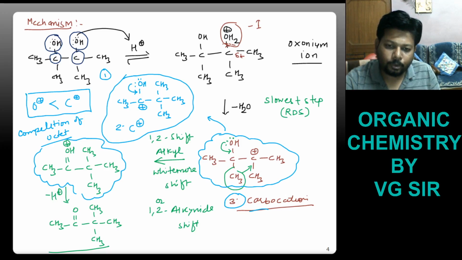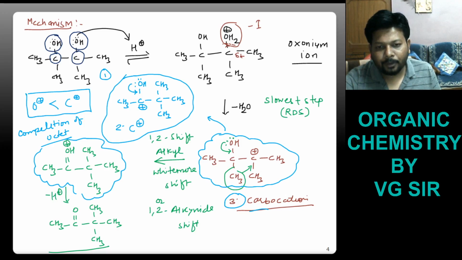And there is one more driving force. In this structure, all the atoms have a complete octet, and it can neutralize its positive charge by easily donating a proton. So by easy donation of a proton, the oxonium ion will easily get converted into a neutral species. So there are two driving forces in this reaction.